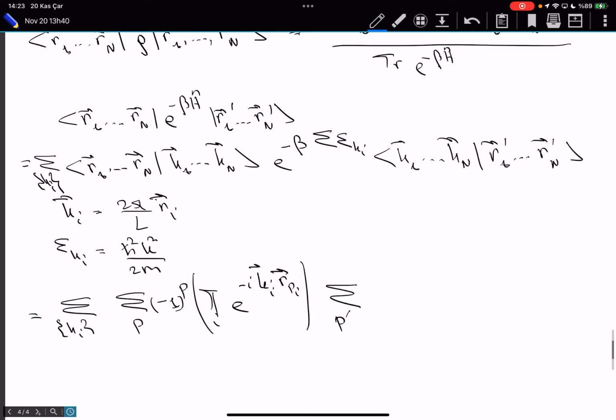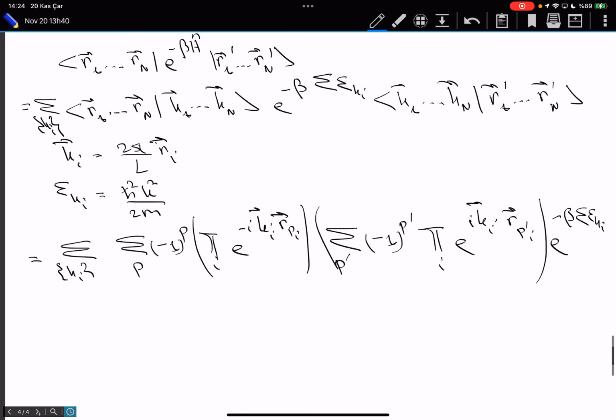Let me call it p prime, minus 1 to the power p prime, of product over i e to the power i ki dot r of p prime i, times e to the power minus beta epsilon ki. This is also prime.